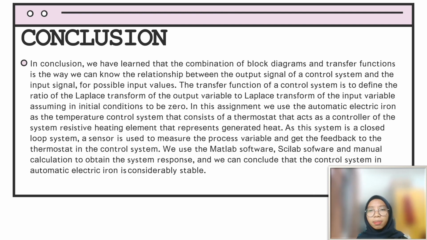As the system is a closed loop system, a sensor is used to measure the process variables and give feedback to the thermostat in the control system. We use MATLAB software, Scilab software, and manual calculation to obtain the system response. And we can conclude that the control system in the automatic electric iron is considerably stable.